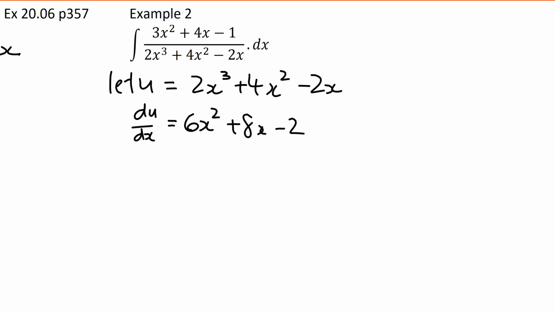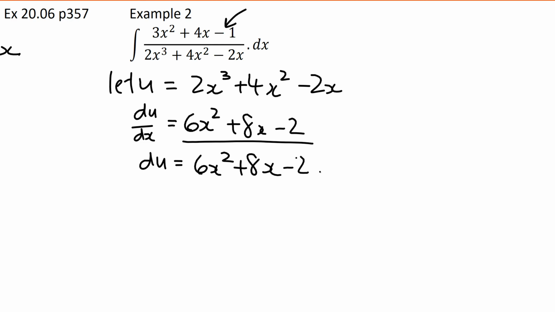So can you see the relationship between 6x squared plus 8x minus 2 and the top line there? The bottom one is double it. Okay? So therefore what I'm going to say is du is going to be 6x squared plus 8x minus 2 times dx.